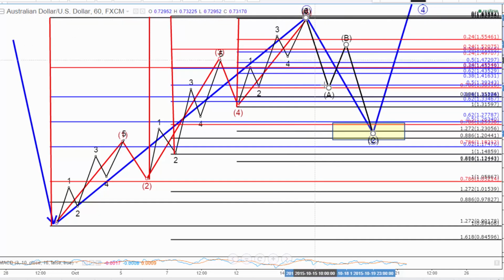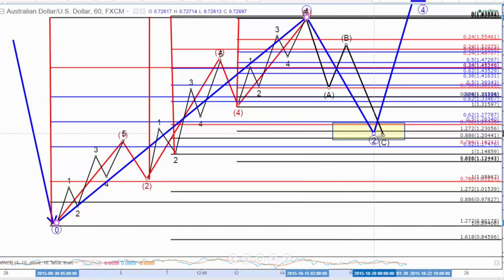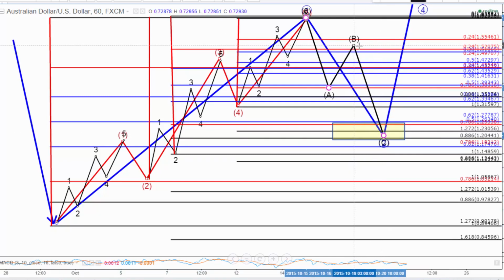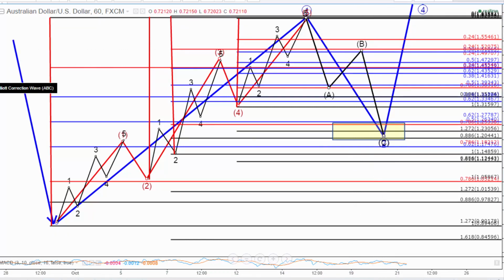You're now getting your ABC down, and a lot of times these ABC corrective waves, which we expect, are also broken into smaller 5 waves, or we also have ABC. For instance, you may get this, here, here, here.